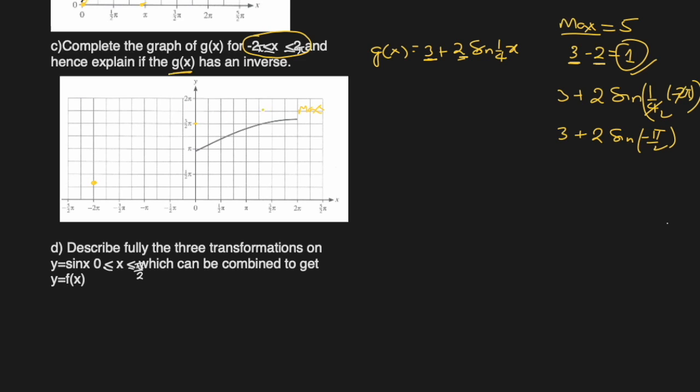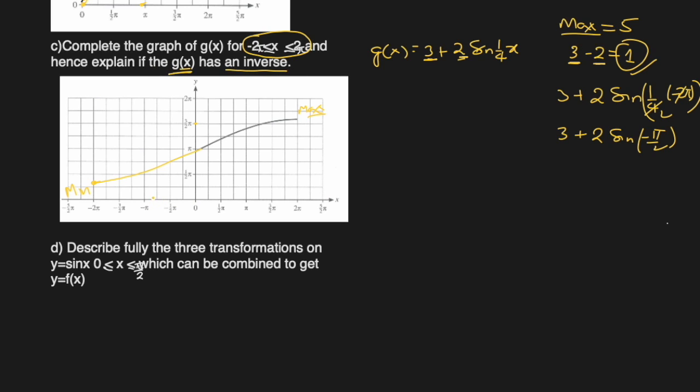Okay. And now we know that the sine graph is a uniform graph, so since this is maximum and this is minimum, there is no turning point here. This will be the graph, how it will look. So complete the graph, and hence explain if gx has an inverse.